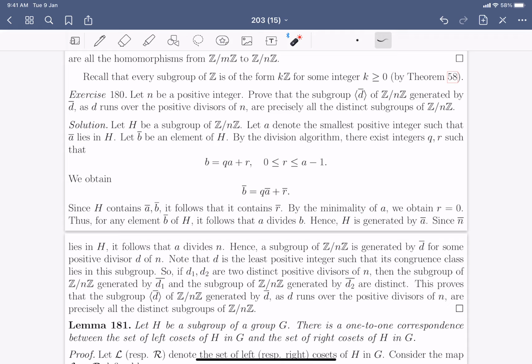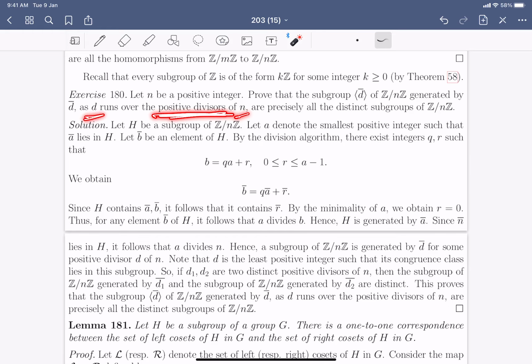So this exercise tries to understand the subgroups of Z mod nZ, or specifically it tries to understand all the distinct subgroups of Z mod nZ. It says that they are in one-to-one correspondence with the positive divisors of n.